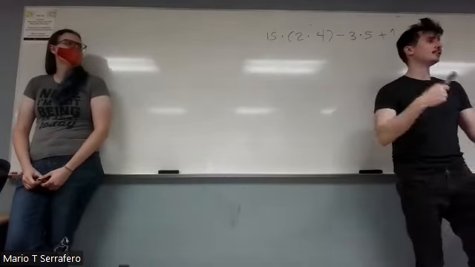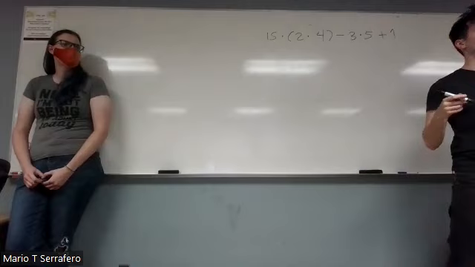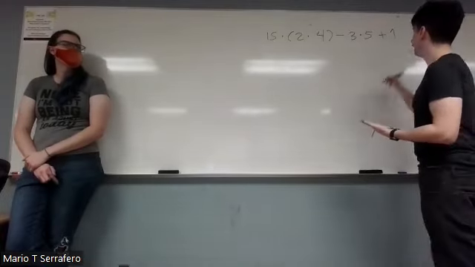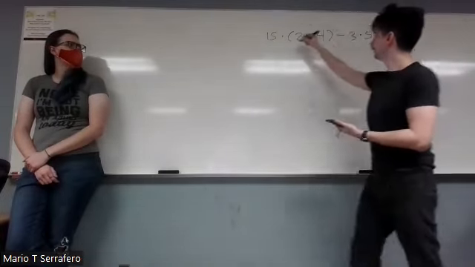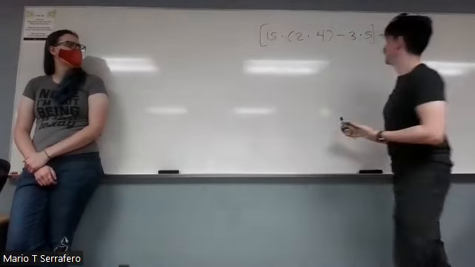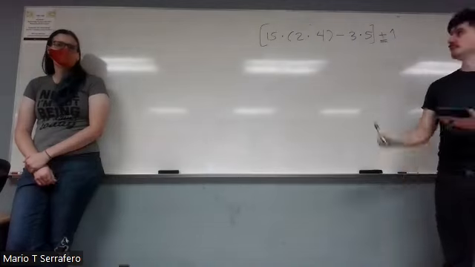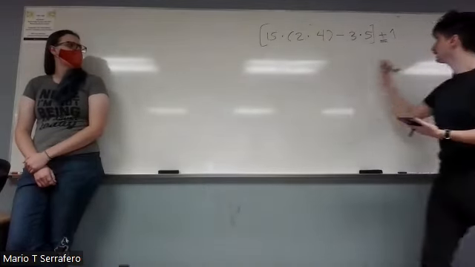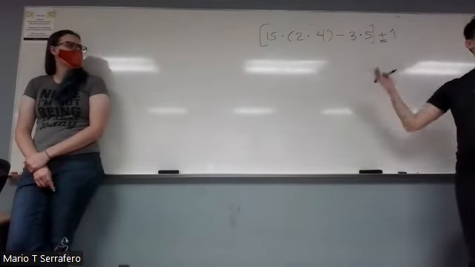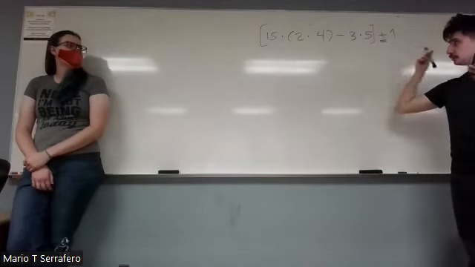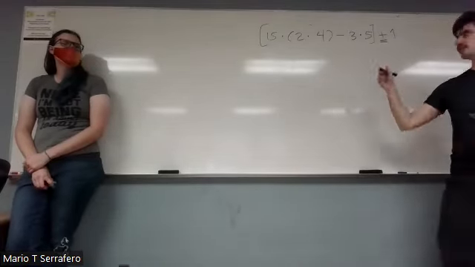So sometimes you will have choices as to how you want to group things up and associate things. In this case, just to make things very simple, I'm going to do it like this, where this is going to be my top level operation. This is going to be one subtree, and this is going to be another subtree. And then we can proceed recursively just by looking at this and parsing the structure of it.